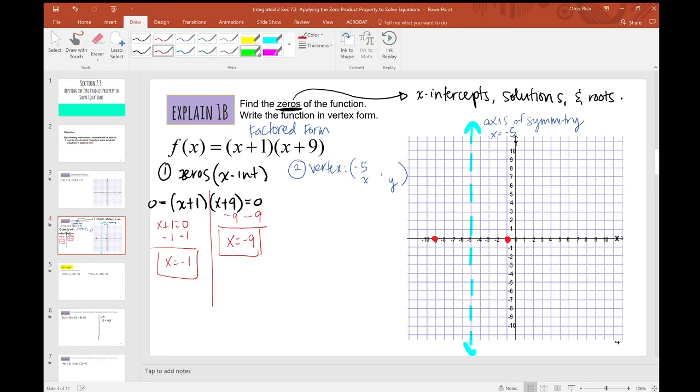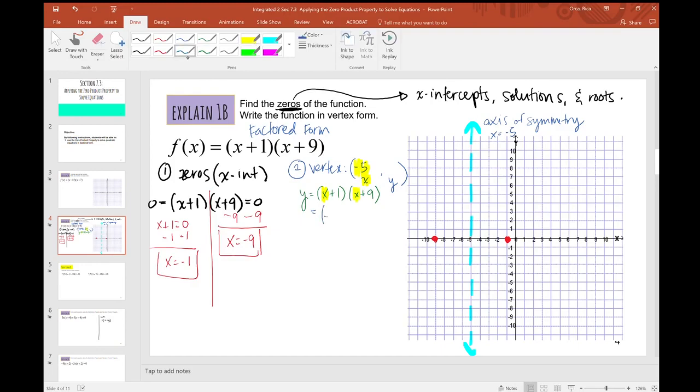Now let's find the y-coordinate. To find the y-coordinate, we're going to use our function, which is y equals x plus 1 times x plus 9. X is -5. Take that x value and plug it into all the x's.